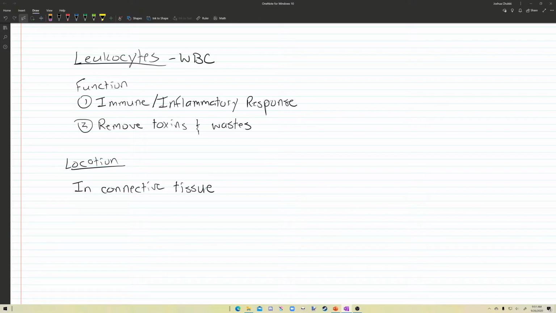Most infections, most inflammatory things happen not in the blood vessel, but in the spaces between blood vessels and spaces between organs and the spaces between the functional cells of tissues. And those are called connective tissues because they connect things together.